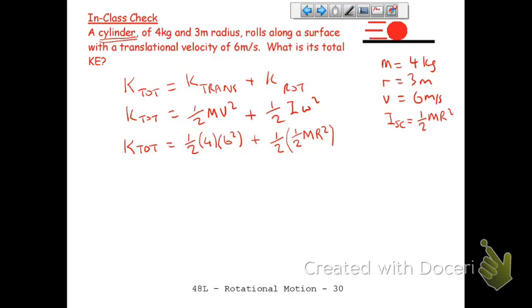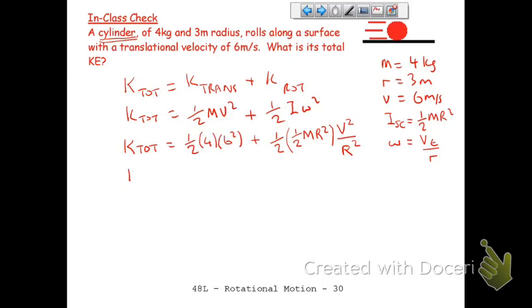And then my omega is equal to my v tangential over my radius. Remember that angular? So this is going to be v squared over r squared.